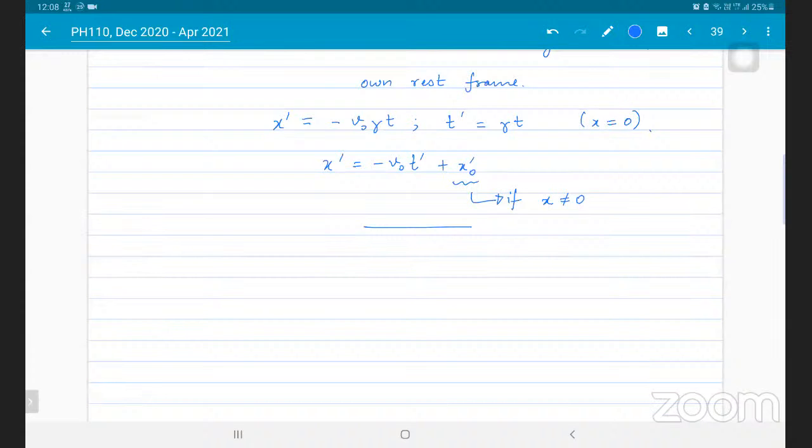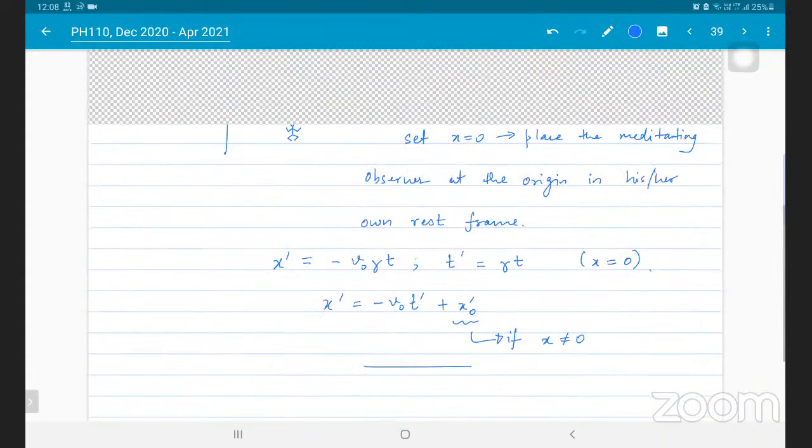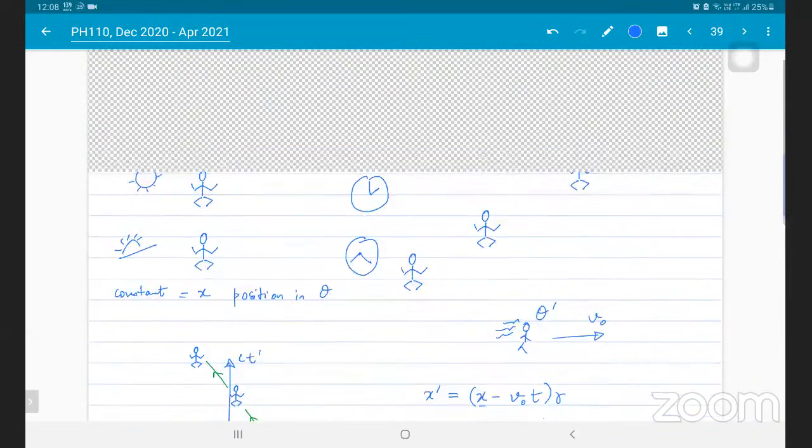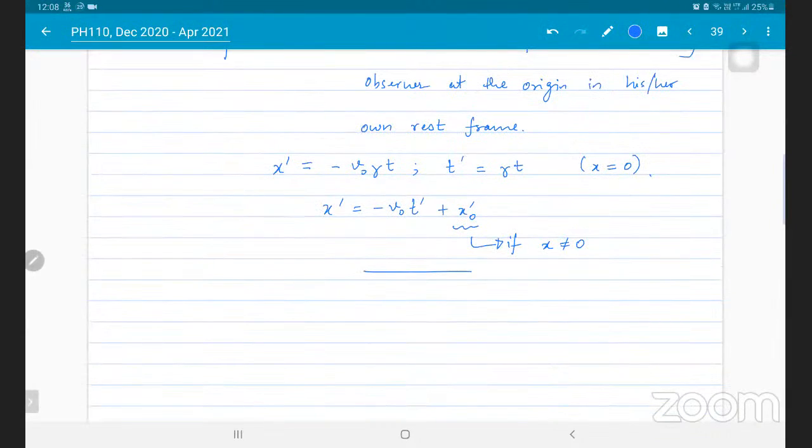Maybe it's difficult for me to convey this over Zoom. All right. Well, let's meet tomorrow, and in tomorrow's class onwards, we won't use the space-time diagram picture anymore, and maybe then you all will feel a little bit more comfortable.